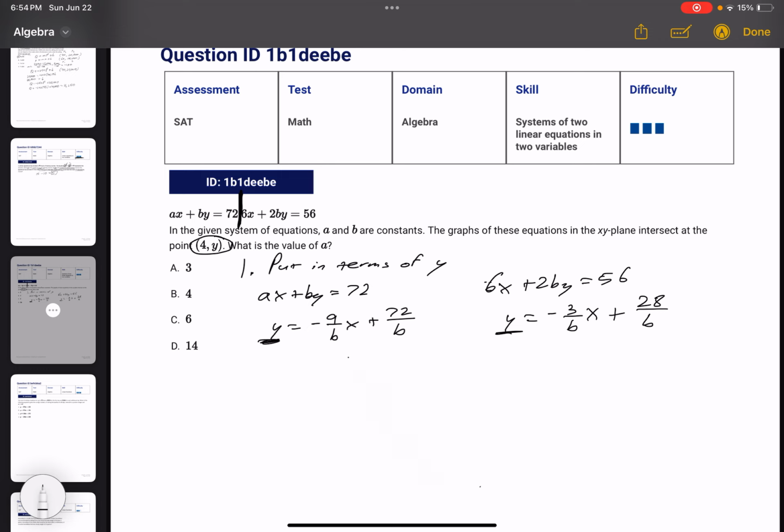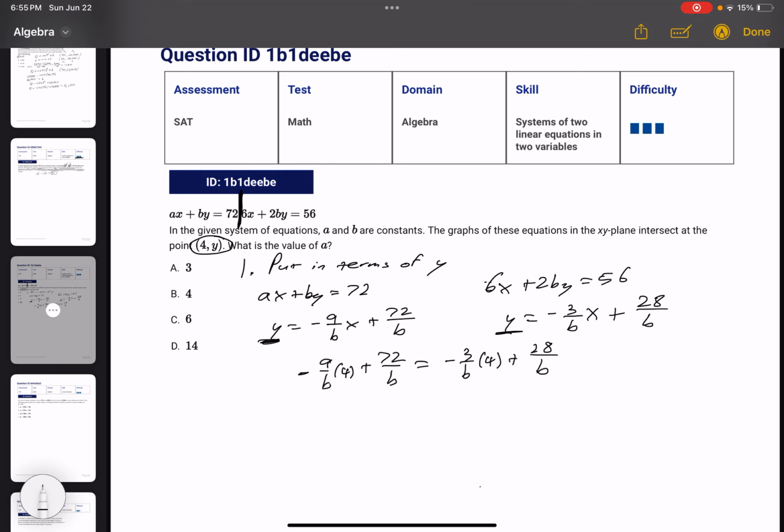So we're going to plug in x equals 4 and set these equal to each other. So we have negative a over b x plus 72 over b is equal to negative 3 over b x plus 28 over b. And right here, I'm not even going to rewrite it. I'm going to erase the x's right here and plug in a 4 for each one.